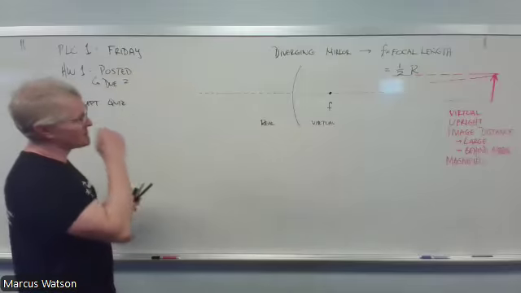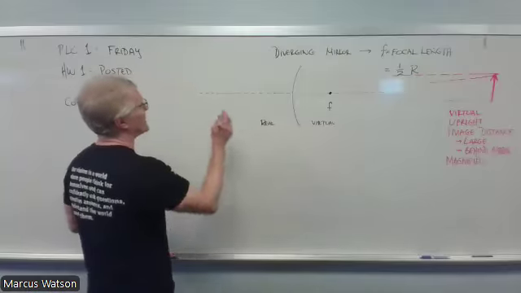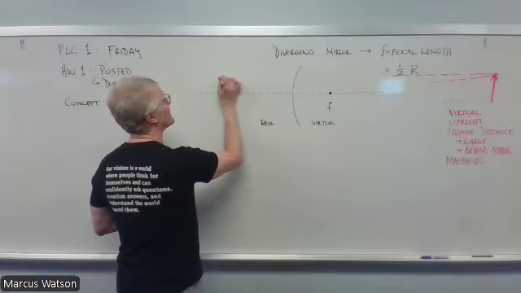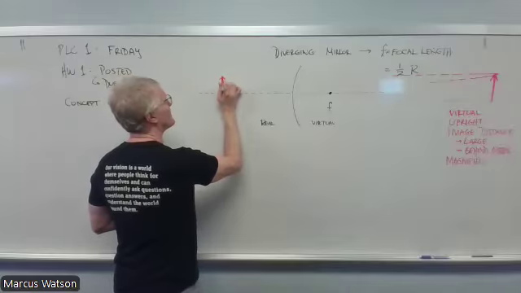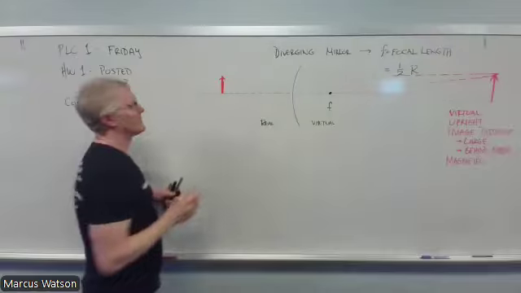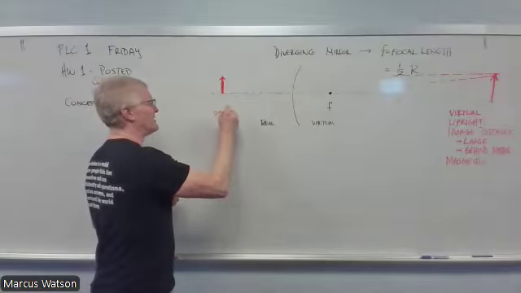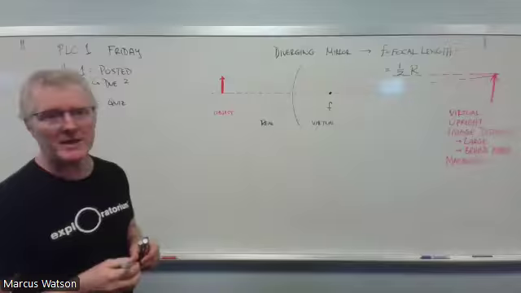Let's examine what happens when we draw the ray diagram for this thing. Here's my object here. I'll make it slightly taller this time. All right, so here's the object. And we're going to go ahead and draw the three rays for it.